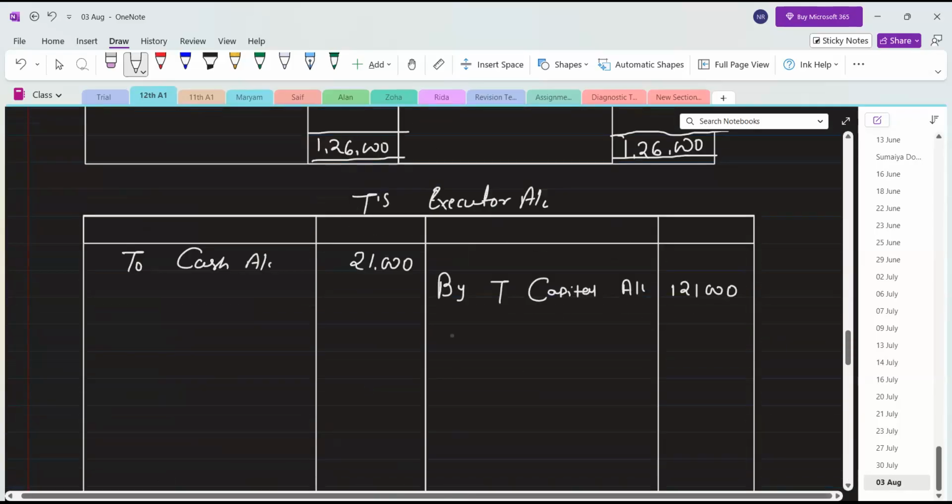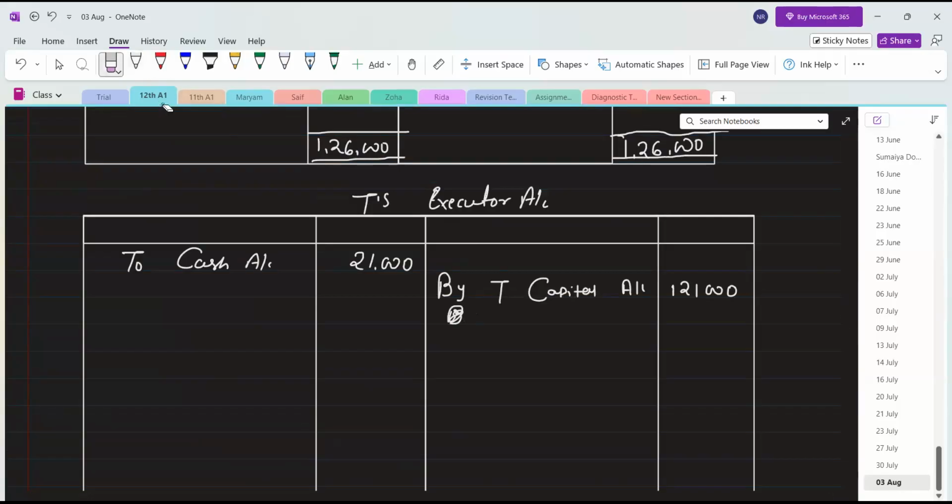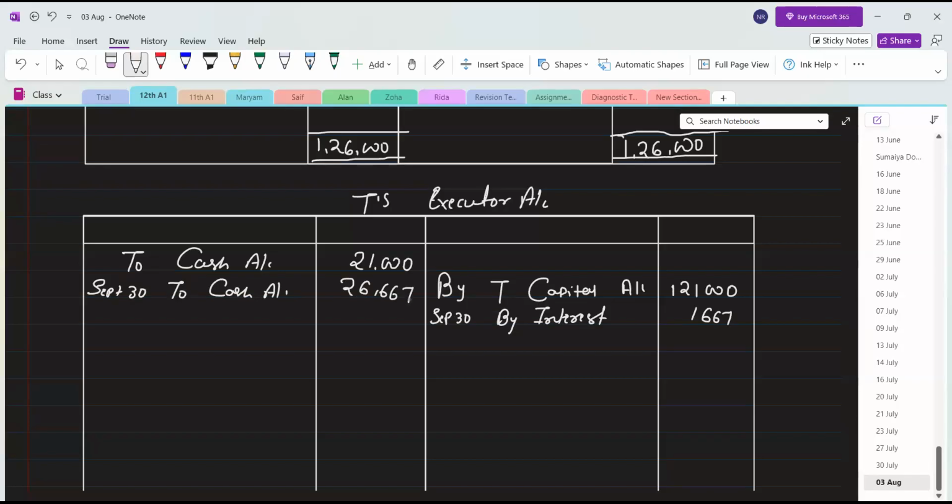Now here we will calculate the interest. First interest will be on 30th September: by interest 1667, and then the first installment will also be on September 30 to cash, 26,667.